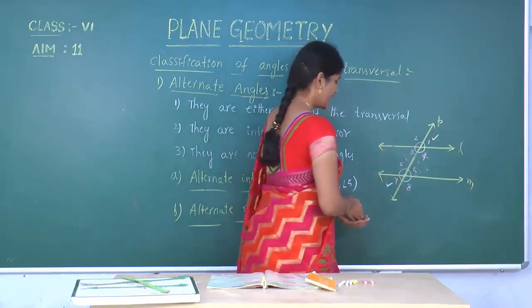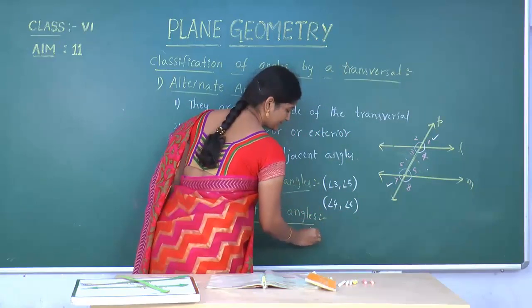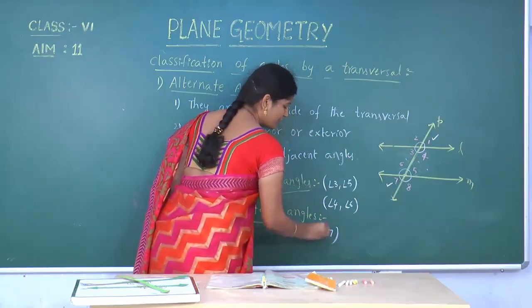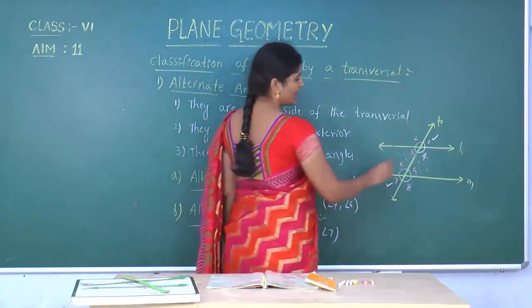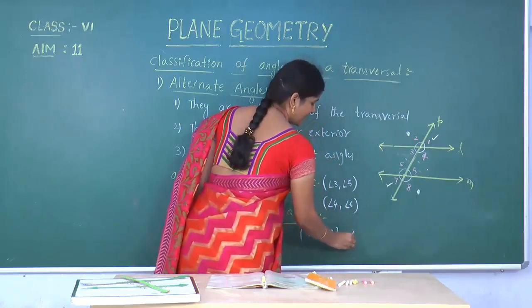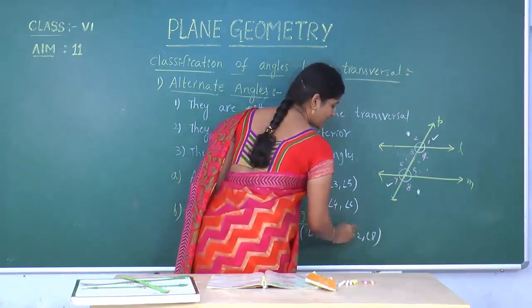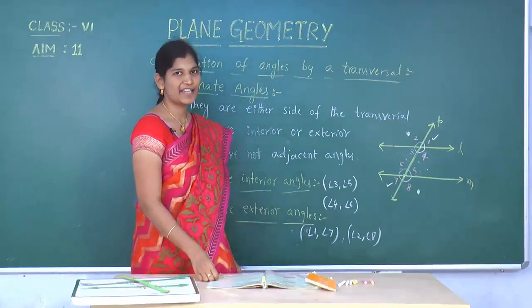So we can say angle 1, angle 7 are a pair of exterior alternate angles. And one more pair, this 2 and this 8. Angle 2, angle 8 are also called a pair of alternate exterior angles.